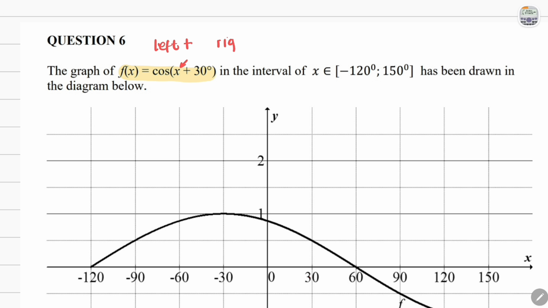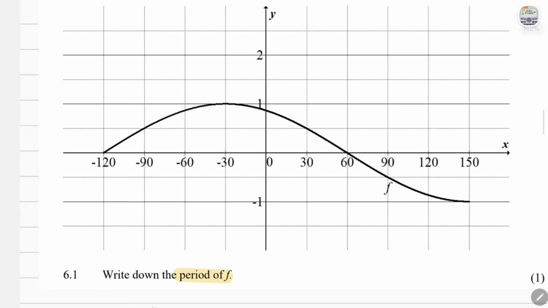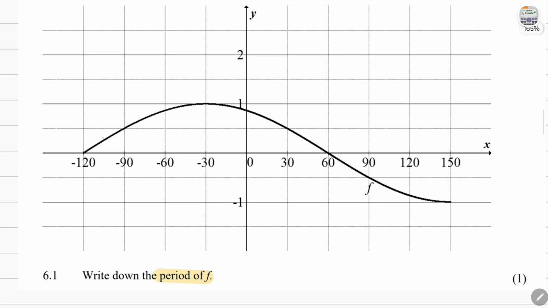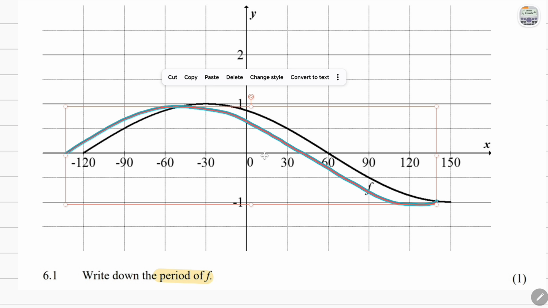And when it's moving to the right, we subtract. So this is simply a left or right movement, meaning that this graph was just shifted 30 degrees to the left. Now, shifting it to the right or the left is not going to affect the y values, because it's still going to a highest of 1 and reaching a lowest of -1. Shifting it right or left doesn't affect the y values.